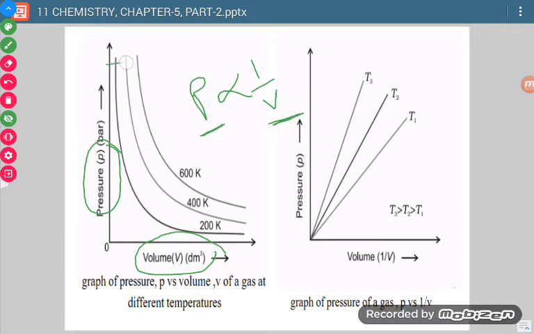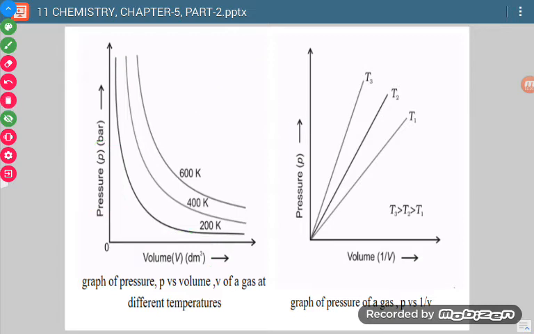So here the P value is maximum, and when we increase the value of V, P starts falling down. This is the graph for this fixed temperature. It is a curve which shows the decrease in pressure with the increase in volume. If we take a lower temperature, this becomes the graph, but the graph is the same.